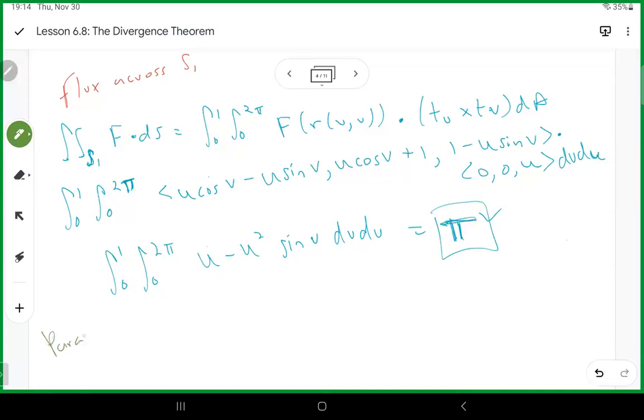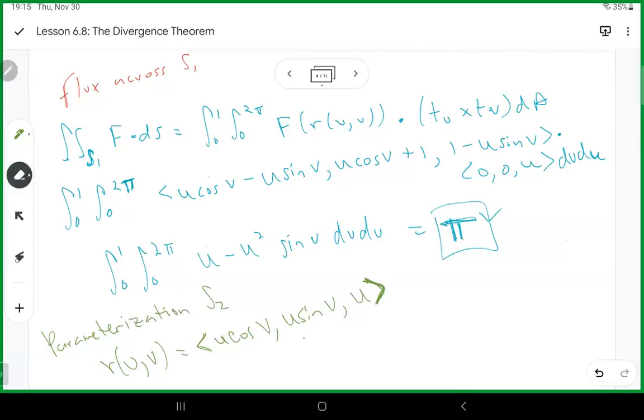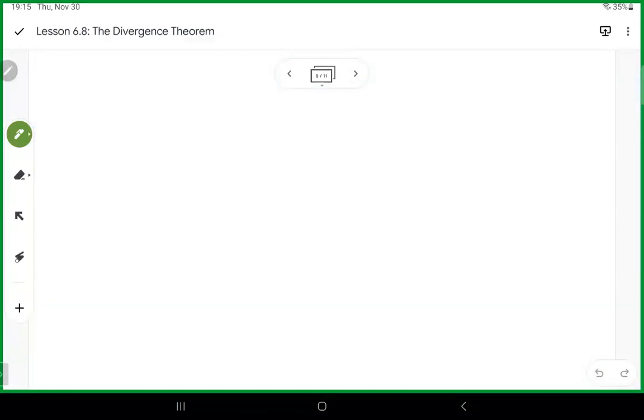So the parameterization of S2 would be r(u,v) equals u cosine v, u sine v, u, with u from 0 to 1, and then v from 0 to 2 pi. And I'll do the tangents on the next line.